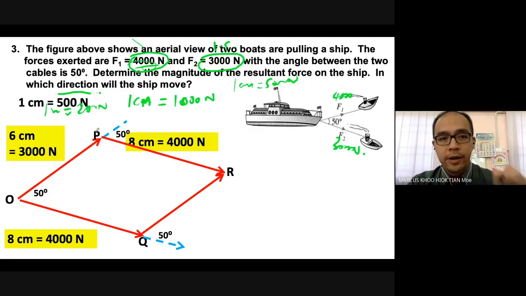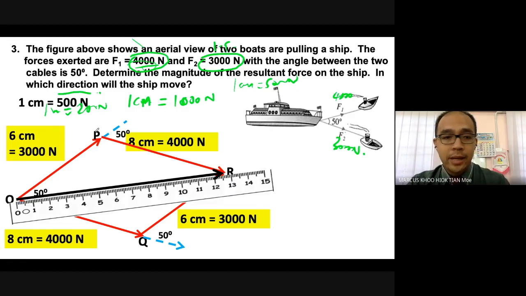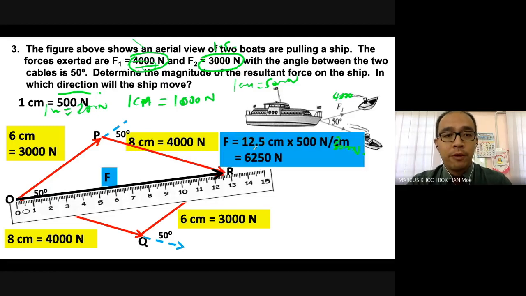Complete the parallelogram, and then draw the diagonal. Then you measure the diagonal. So the diagonal, according to this one, is about 12.5. And in order to find the amount of force, you multiply with the scale yang kamu pakai tadi. So you get 6,250 newtons.